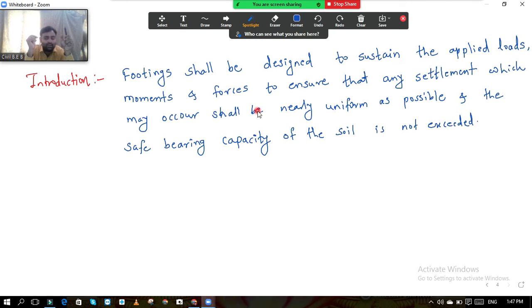But that is called the settlement of the structure, and that settlement should be uniform for all the footings and all the columns. If the settlement is uneven, then it will create unbalanced movement, due to which cracks in the footings and columns will develop.